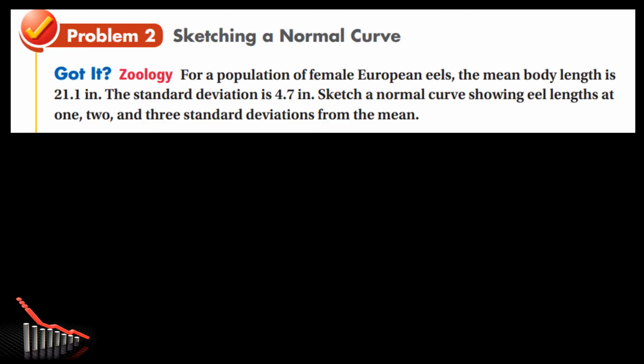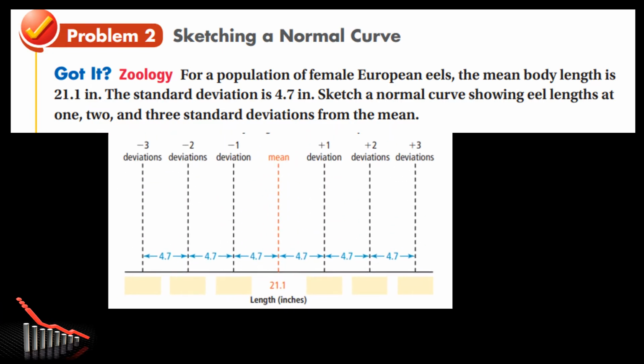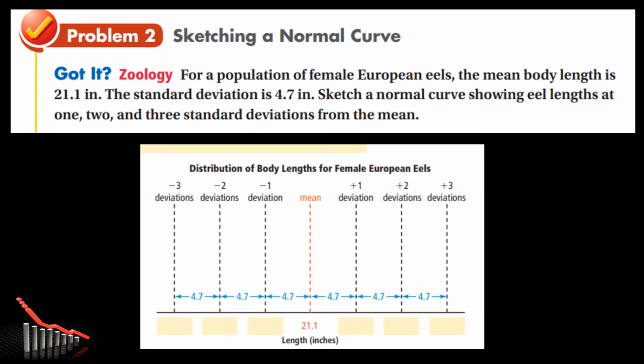All right, so if you tried it on your own, great job. Let's hope that it works the same as mine. Draw the curve first if you want to, but I just divvied up the area. So 21.1 was my given mean. My standard deviation is 4.7, so each space is a 4.7 space.